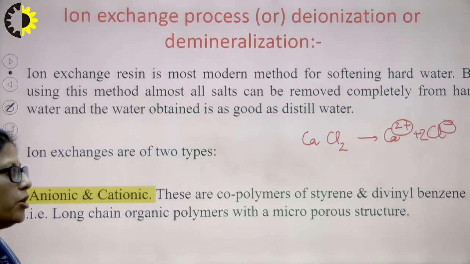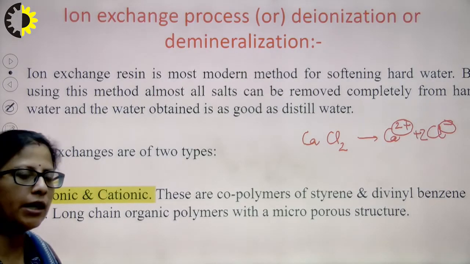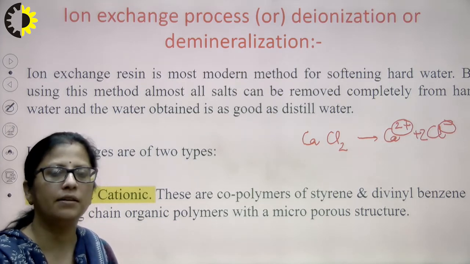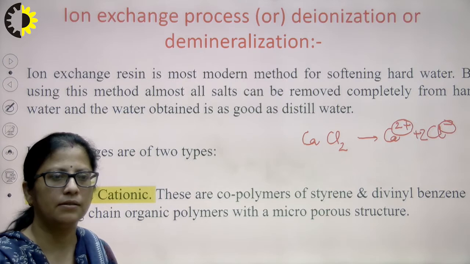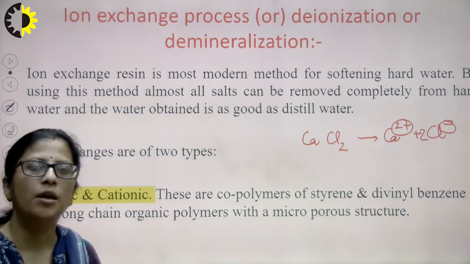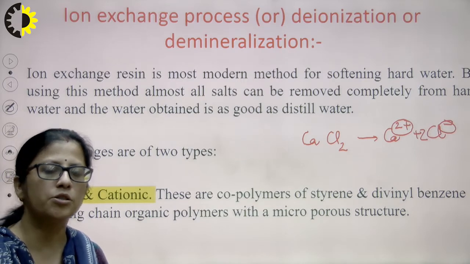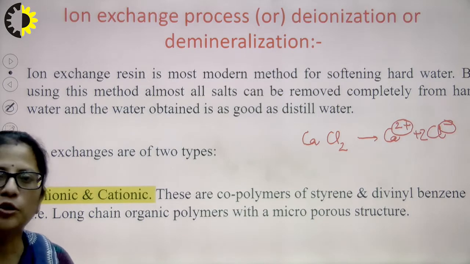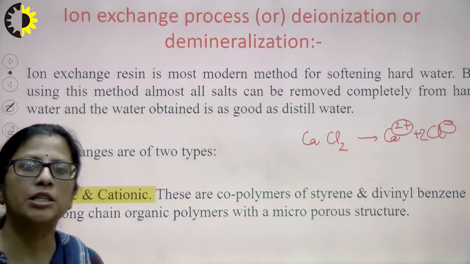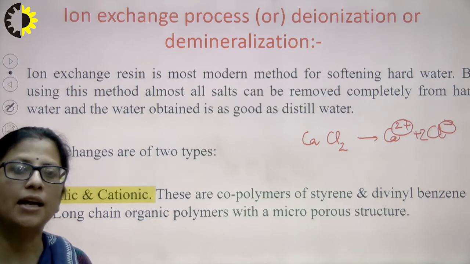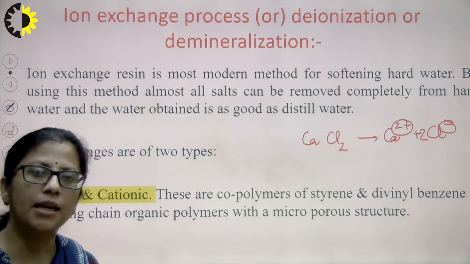Both of these, whether anionic or cationic exchangers, are copolymers of styrene and divinyl benzene. That is, they are long chain organic polymers with microporous structure. So, polymers is the base and they contain different functional groups which have the ability to exchange their cations or their anions with the cations and anions which are present in water.